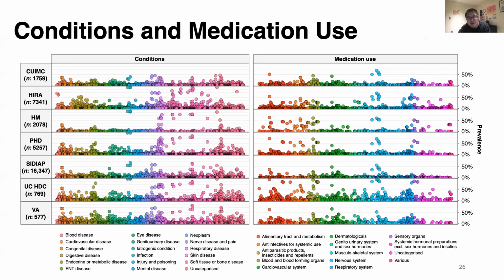Individuals hospitalized with COVID-19 between December 2019 and April 2020 are included in the study, with conditions from up to a year prior, and medication use from the day of hospitalization. Each dot represents one of these covariates, and the color indicates the type of condition or medication. So you can see a more holistic view of the condition and medication use.